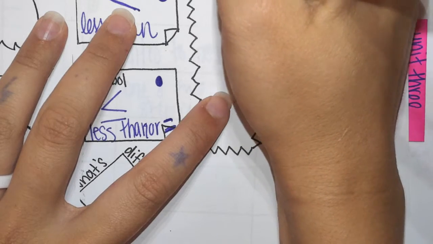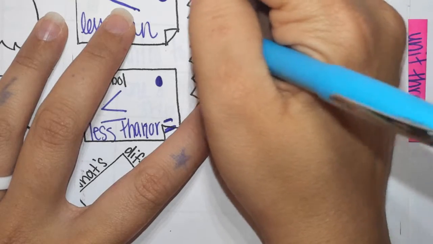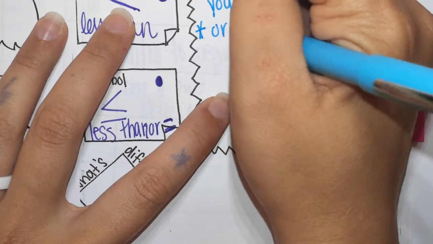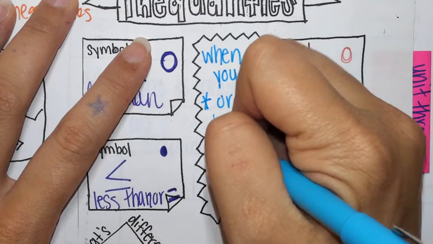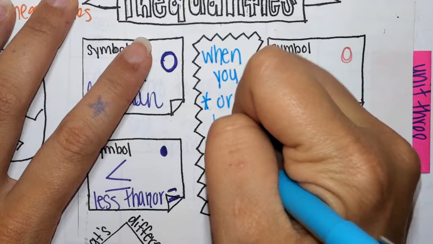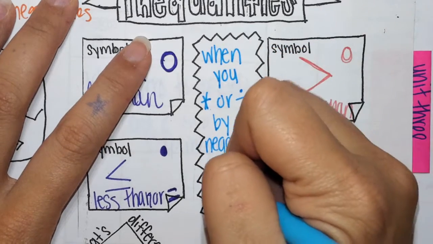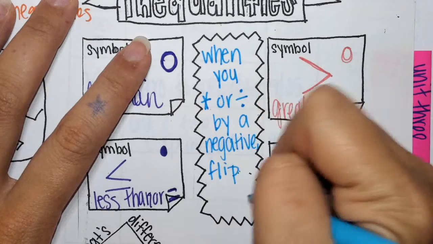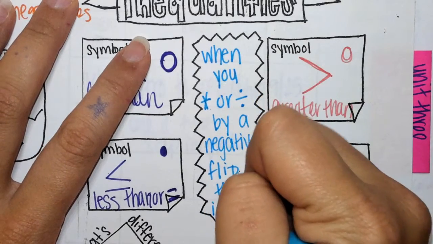When you multiply or divide by a negative, flip the inequality.